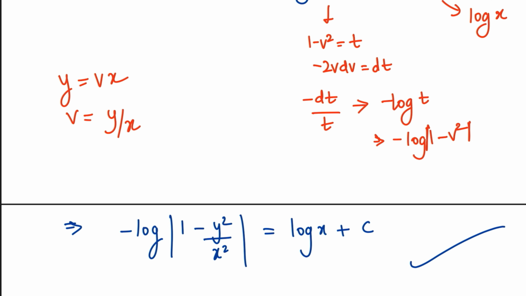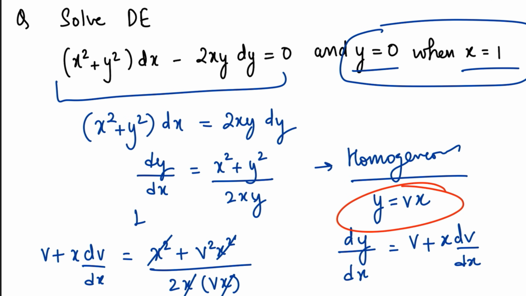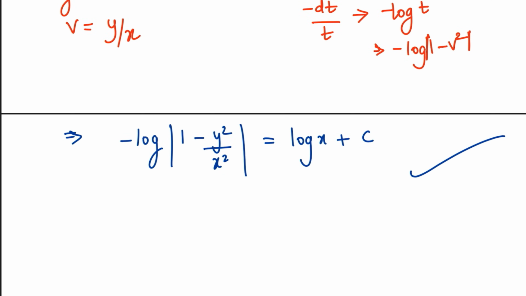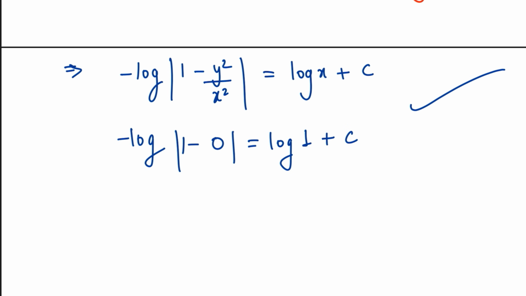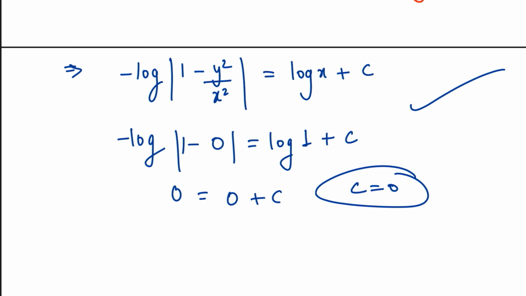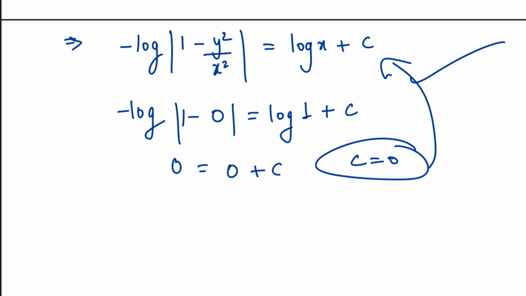So this is your equation. The question stated that y is equal to 0 when x equal to 1. So I'll put the value 1 minus 0 equal to log 1 plus c. So this will be minus log 1, that is 0, and this will also be 0, that means c is equal to 0. So I'll put this value here in this equation.